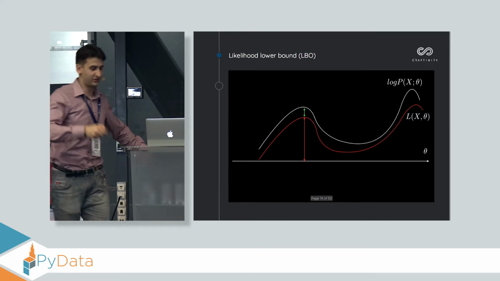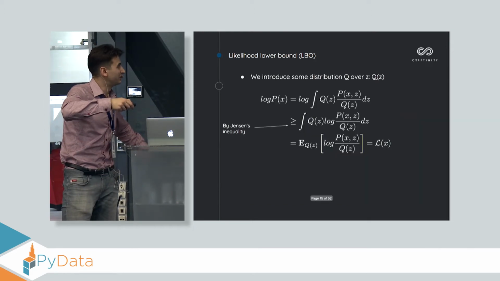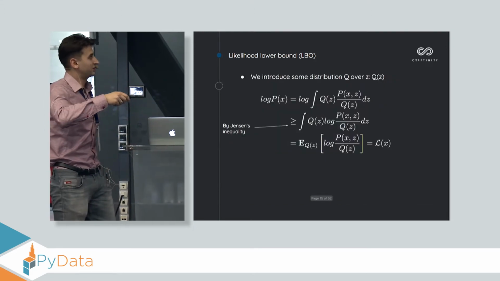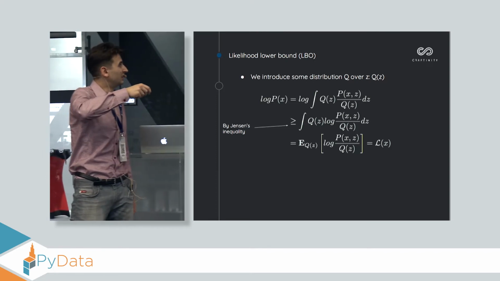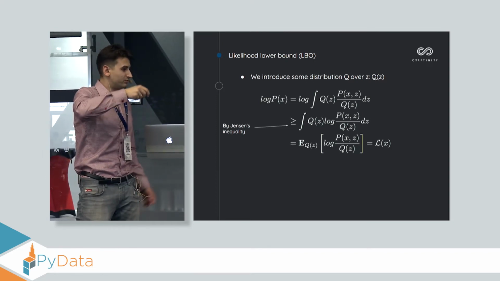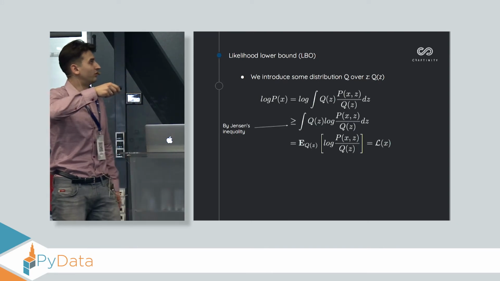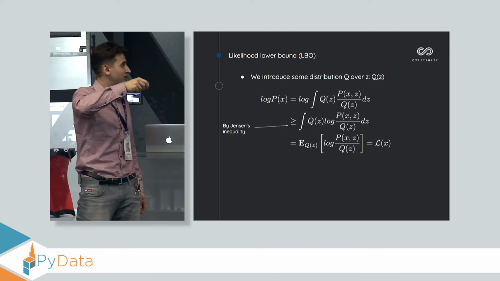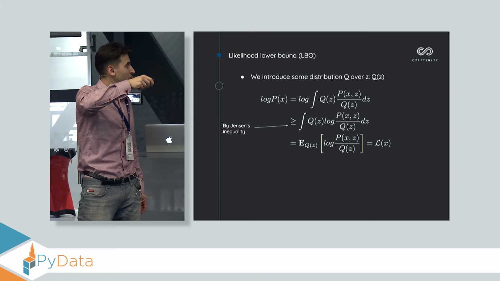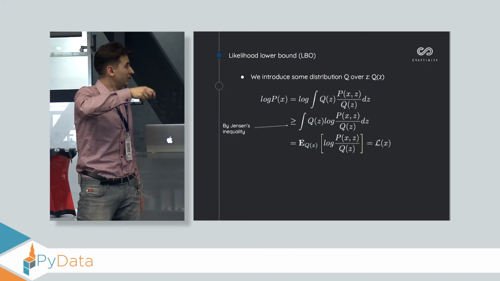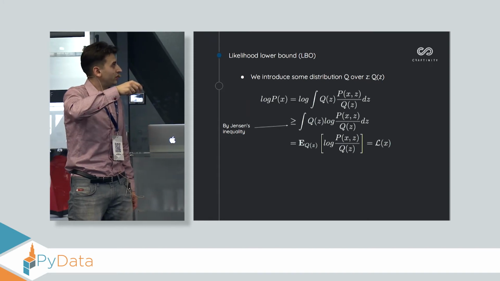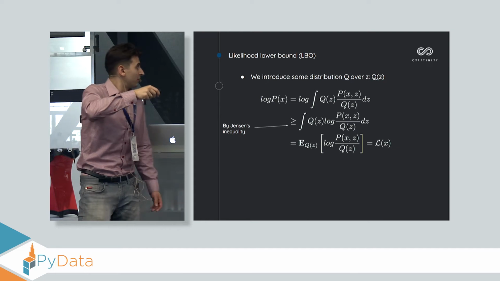Okay, so let's wrestle with math a little bit. To derive the lower bound, we introduce some distribution Q over Z, and later use Jensen's inequality to lower bound our likelihood. It holds true for every distribution Q.